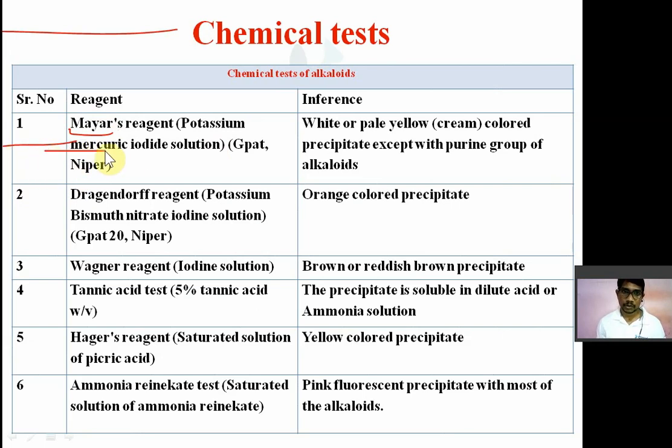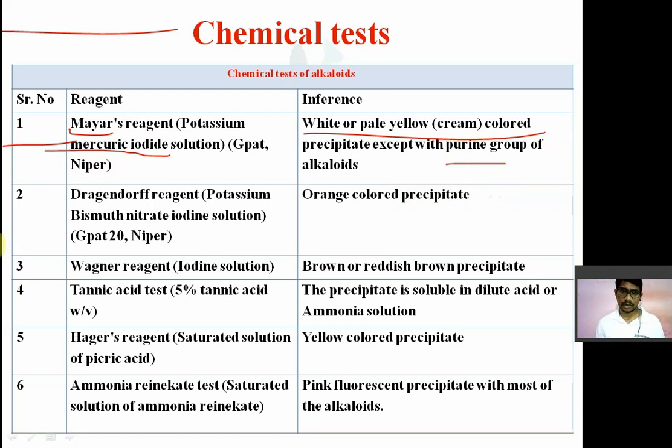If alkaloids are there, they will give a white, pale yellow or cream colored precipitate. All kinds of alkaloids will be precipitated by Mayer's reagent, except caffeine, the purine type of alkaloids. Remember, they have asked this a lot of times in GPAT, NIPER, drug inspector, government pharmacist exams. All this chart is very important.